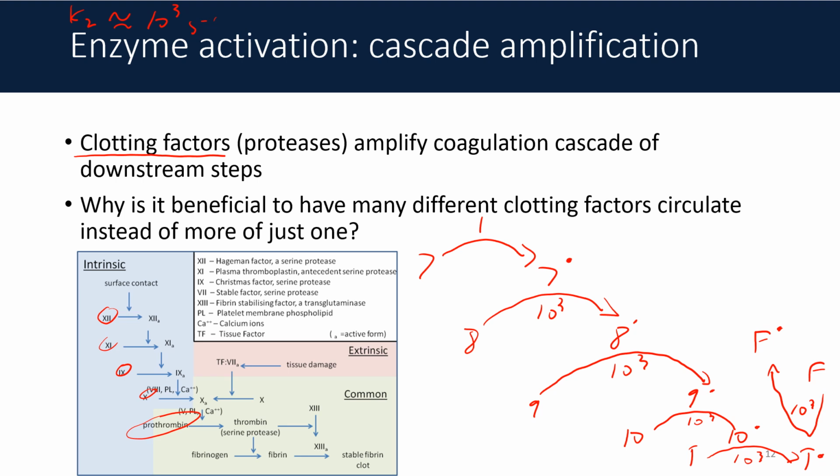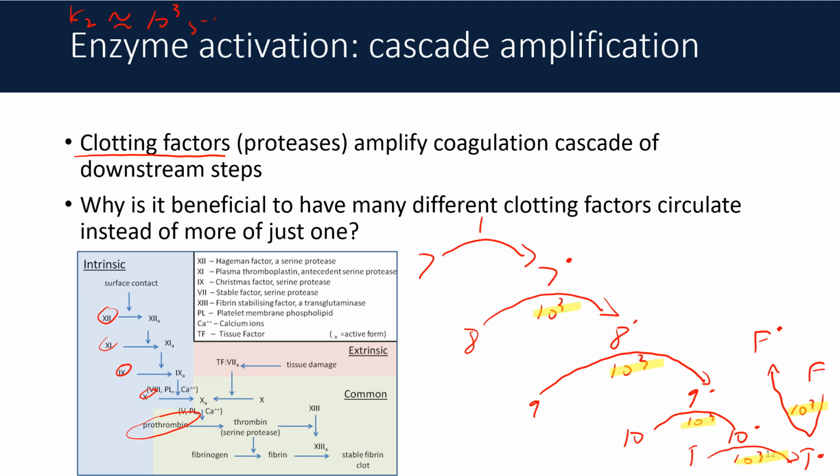So let's compare and contrast. Without cascade amplification, one instance of tissue injury can give us 1,000 activated fibrins a second. With our clotting cascade, we are able to get 1,000, 1,000,000, 1,000,000,000, 1,000,000,000,000 activated fibrins every second. 1,000,000,000 fibrins in a second is a blink.